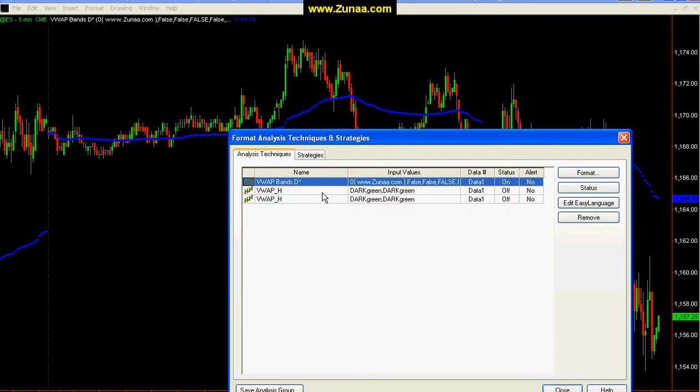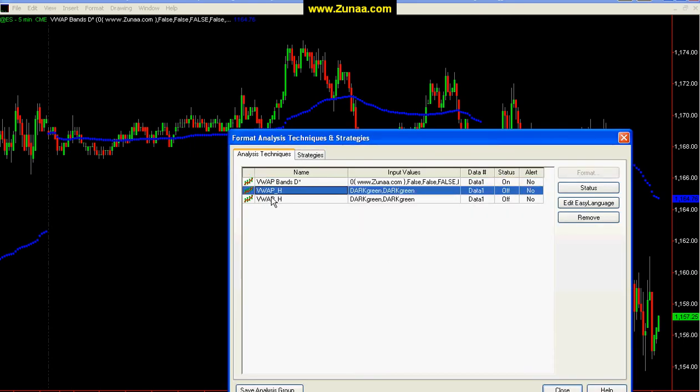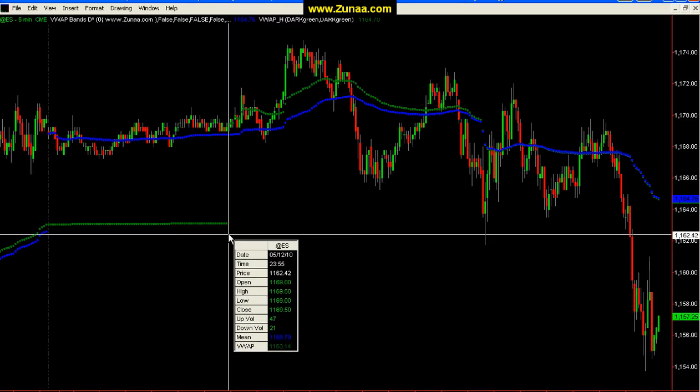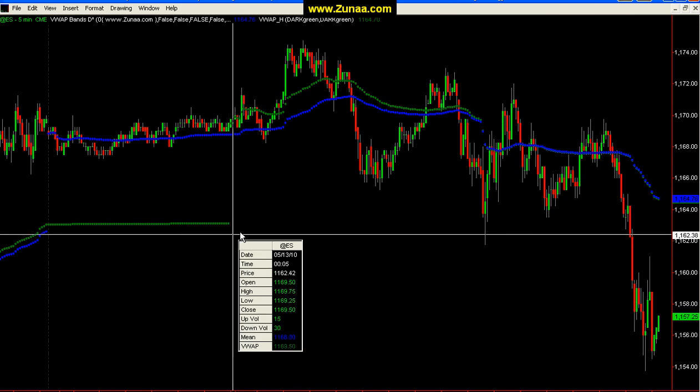A normal volume weighted average price like this one here, which I'm going to turn on right now, I'll show you what happens. As you can see, it is dependent on the date change. In other words, it resets at the date change.